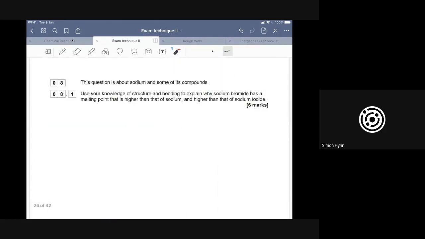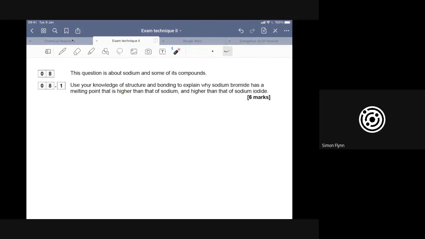Okay, so this one here: use your knowledge of structure and bonding to explain why sodium bromide has a melting point that is higher than sodium and higher than that of sodium iodide. So I would rephrase this question, I would show this question visually.